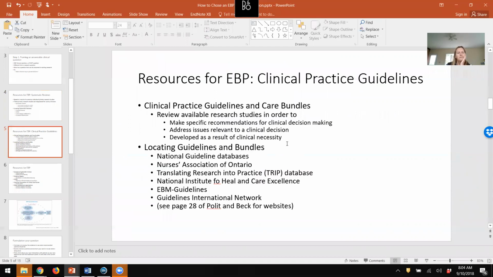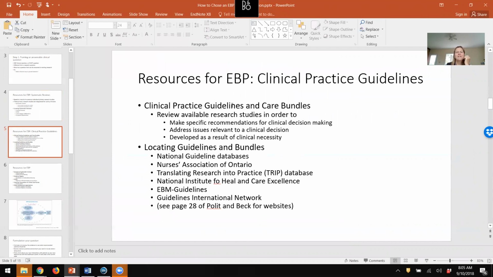You can also find evidence for clinical practice within clinical practice guidelines. So as a diabetes educator, I'm always looking at the standards of medical care for diabetes management. And within this guideline, there are multiple recommendations, and there are citations behind each one of these that do tell me where the source of evidence is, and it also lists the level of evidence.